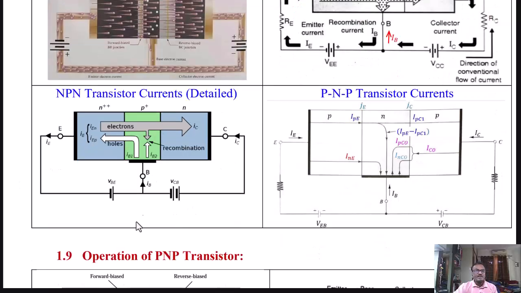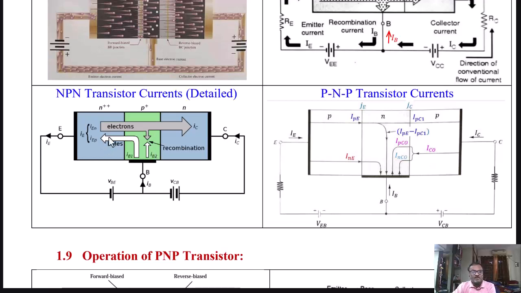Here, in the next diagram, a somewhat elaborated view of the currents is shown. In this diagram, we consider the minority charge carrier flow also. Here the electron flow is shown by the gray color arrow. The electron current in the emitter is denoted as IEN, which is divided into ICN and IBN.